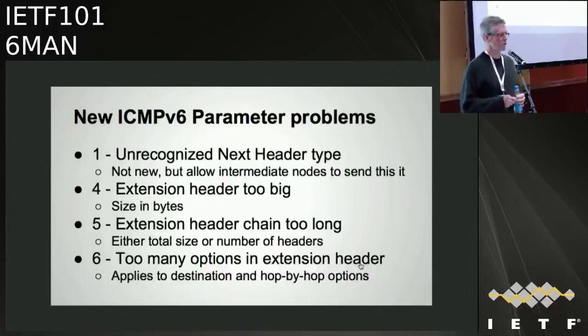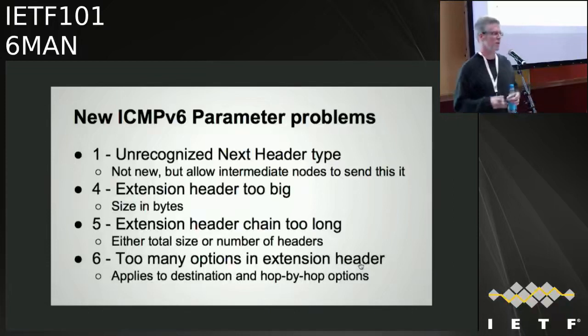Code point number 4 is extension header too big. So this is a single extension header which just has an enormous size, and the device can't process that. Extension header chain too long is kind of similar, but in this case it refers to the whole chain. And there's two possibilities here. One is the chain is too long in terms of number of extension headers, and the other one is the aggregate length of the chain is too long.